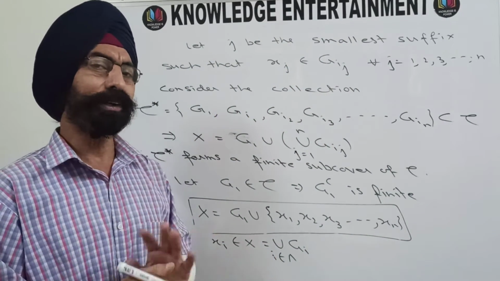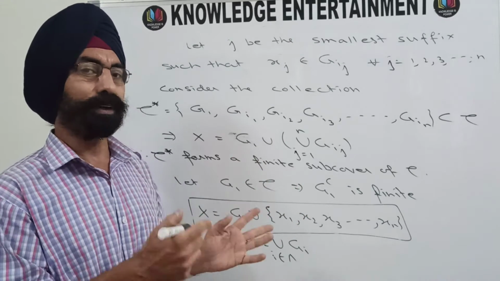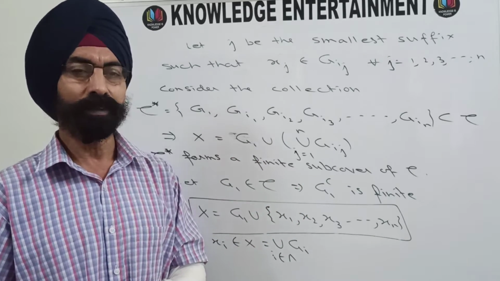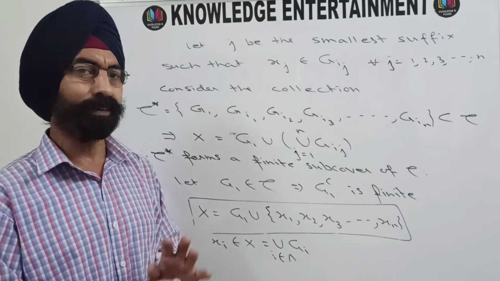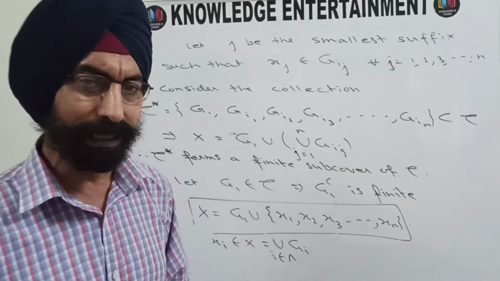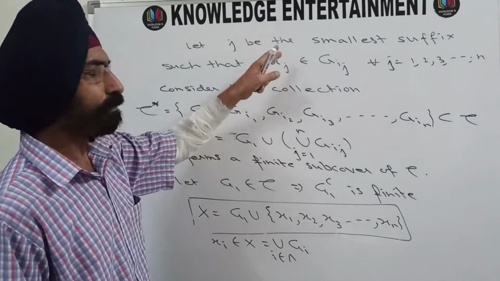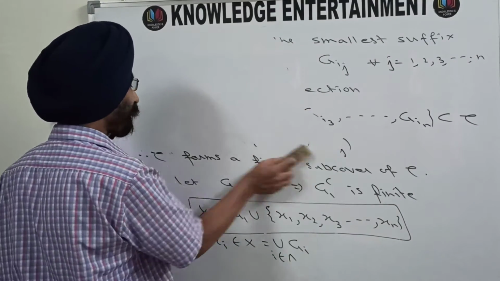You have taken an arbitrary open cover C of X and you have obtained a finite subcover of that cover C. So every open cover of X has a finite subcover, and that is the definition of compact space. So therefore your X must be compact. So it means a cofinite topological space is always compact.